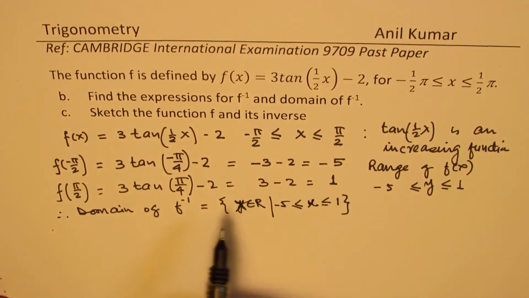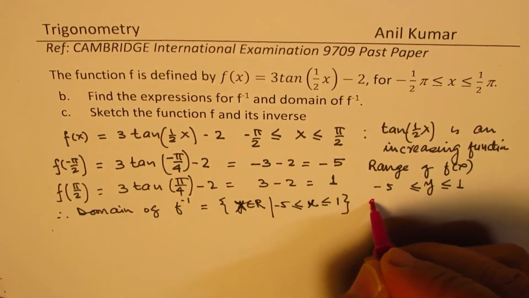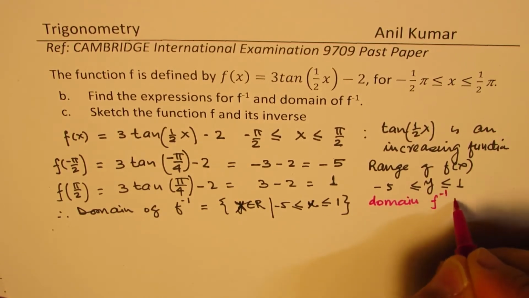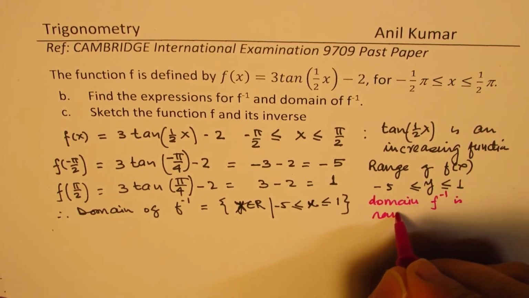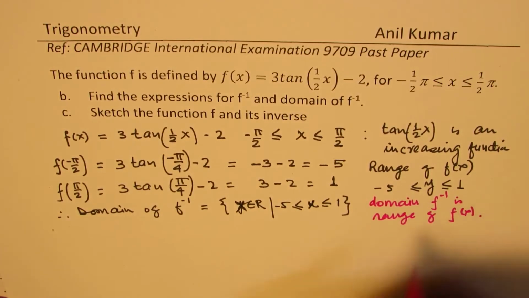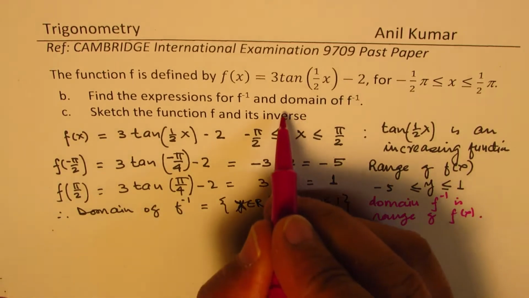Clear? Because domain and range swap, correct? So the reason is the domain of f inverse is the range of f of x. Clear? So that's a very important thing which you should remember, and that gives you the solution for one of our parts, which is this.